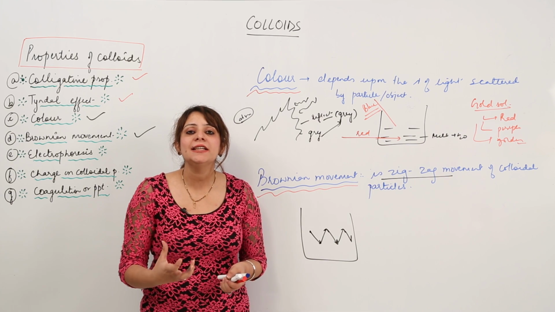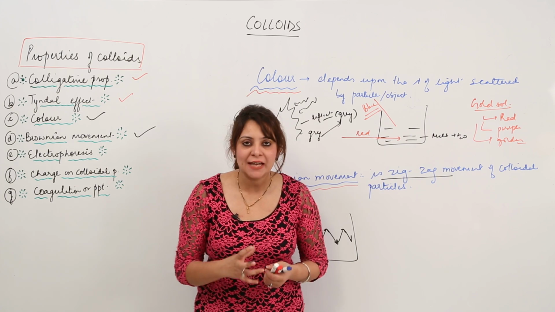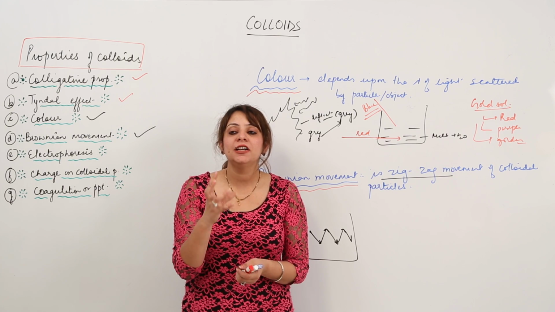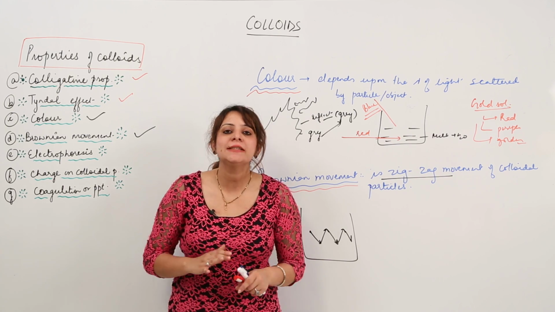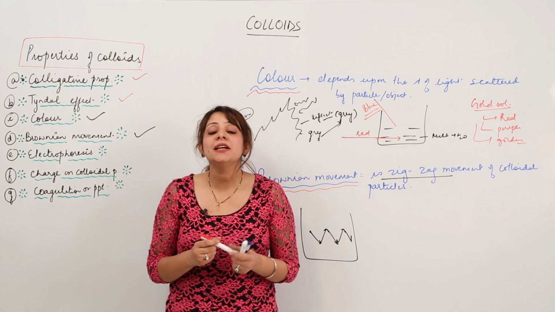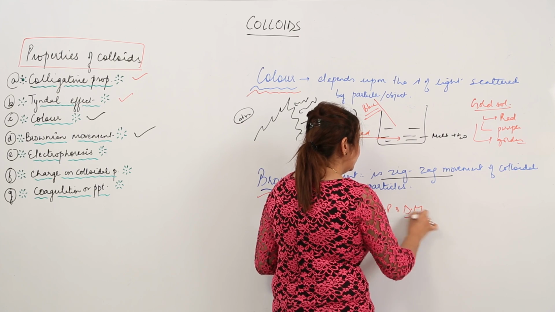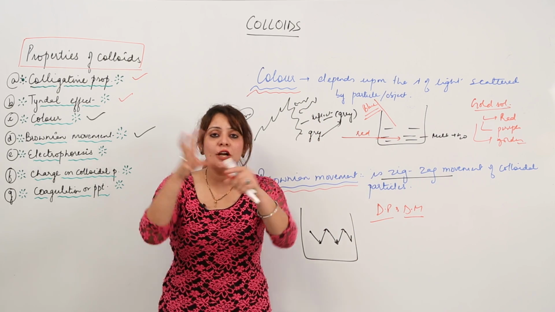Now what is the reason that they show this kind of zigzag movement? Actually, they have a moderate size, their size lies between 1 nanometer and 1000 nanometer. So their size is moderate, so they don't settle down, they are actually stable. But there are collisions between the dispersed phase and the dispersion medium. As the particles do not settle, they are constantly moving.